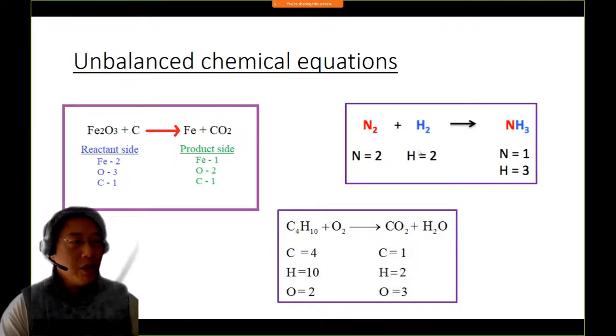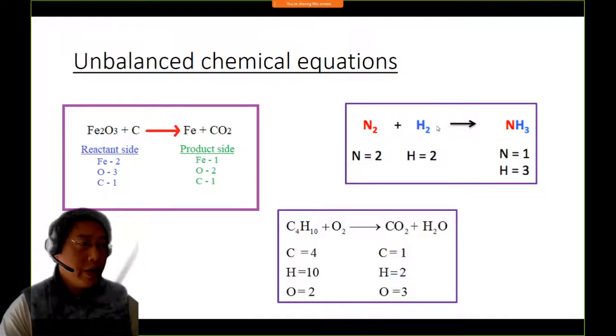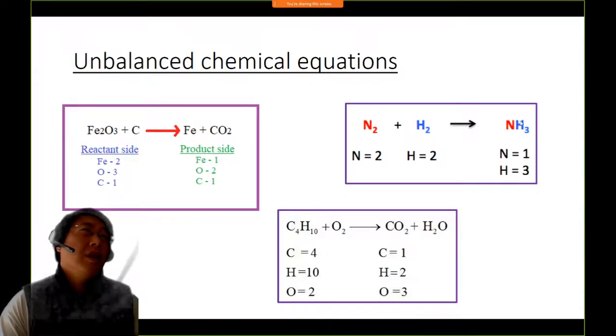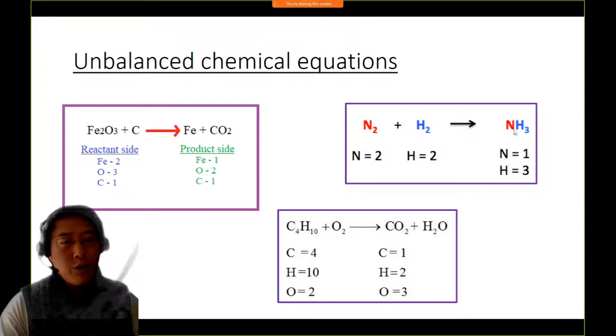The same here, you have another chemical reaction when you have nitrogen gas and hydrogen gas. When you do a reaction, it will combine to form NH3. I can't remember the name of the chemical here, but it doesn't really matter for now.